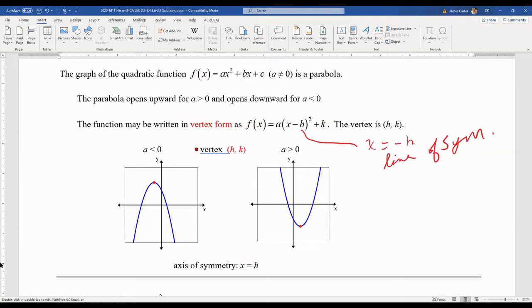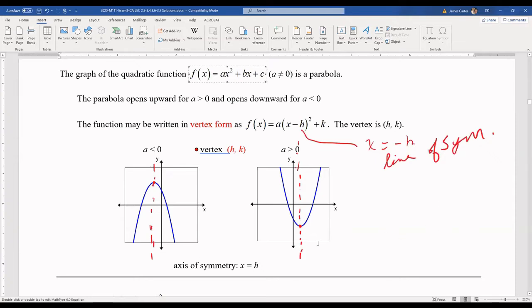So in this case it would be like that, down through the center. In this case, like that, down through the center.